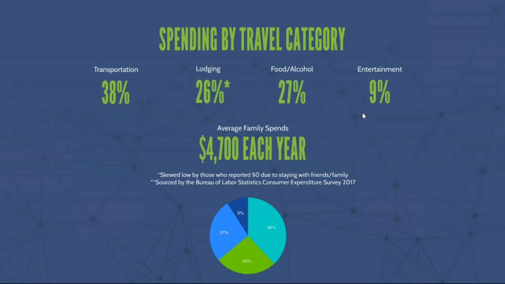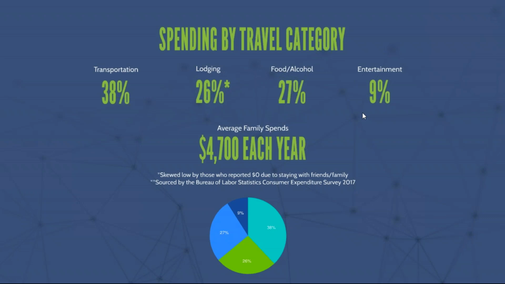When in reality, lodging only makes up about 26% of the average travel budget, which statistically, according to this statistic from the Bureau of Labor Statistics Consumer Expenditure Survey in 2017, that's a mouthful if you want to try to say that sometime. But according to that survey in 2017, the average family spent $4,700 each per year, and the 26% spent on lodging is actually skewed lower due to those who reported $0 being spent because they stayed with friends and family.